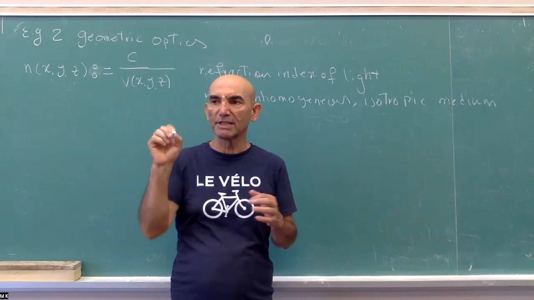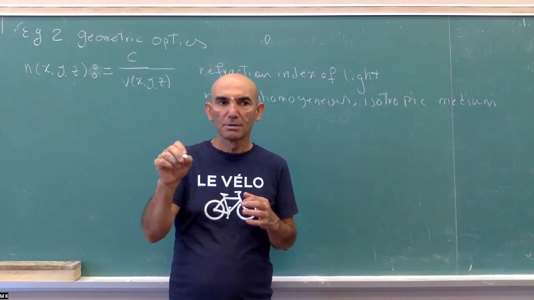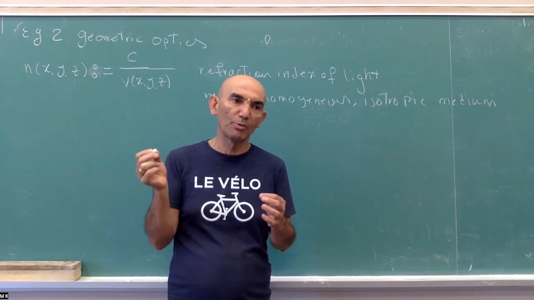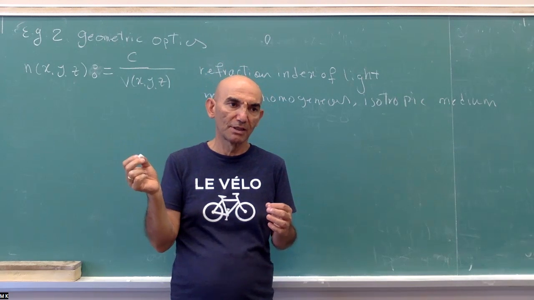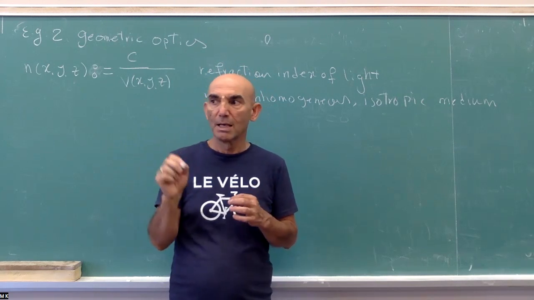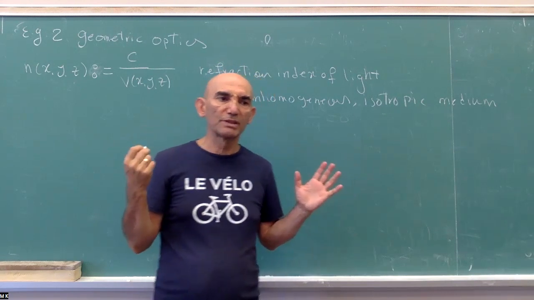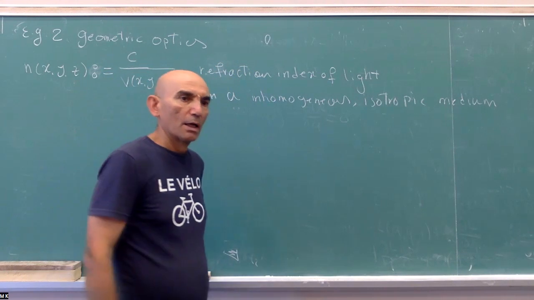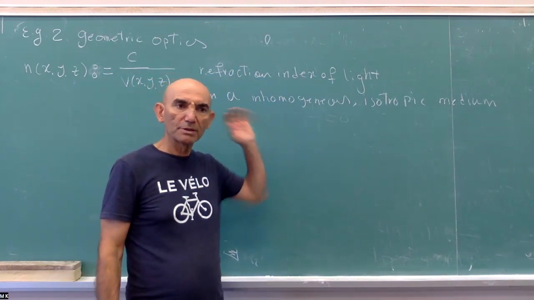In that case, it would be like a tensor, not just a scalar function. That's why we have tensors, because you have quantities that depend on direction. But here, to simplify, we are going to assume this. So, any question?